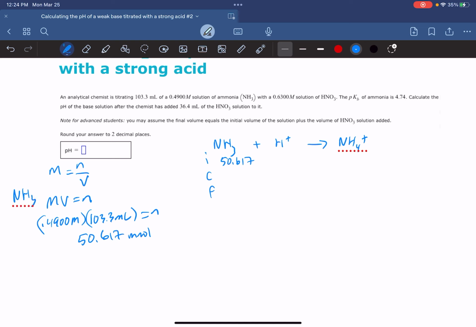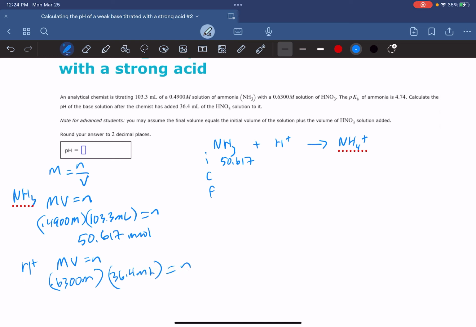Now we're going to have to do the same exact thing for our H plus: molarity times volume equals moles. And this time when we look at it, they give us 36.4 milliliters, and they give us a 0.6300 molar solution. So those are the two things we're going to be multiplying. We're going to write 0.6300 molar, and multiply that by the volume of 36.4 milliliters.